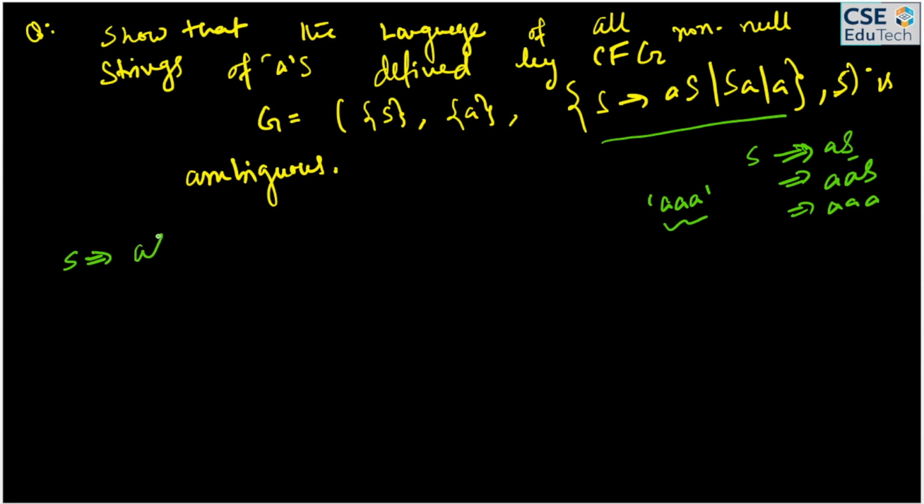So now S to S, and we can replace this S by SA, or we can replace this S by A. In this case, you can consider that S is the rightmost variable or the leftmost variable, because no other variables exist in these production rules.